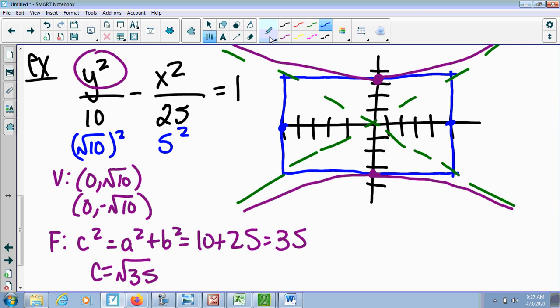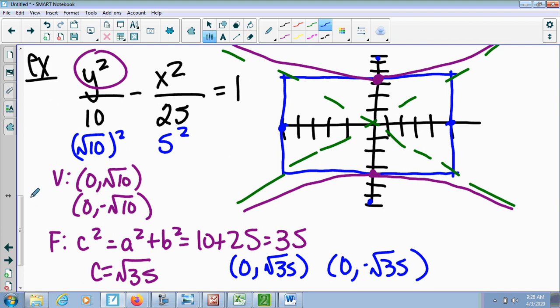So the square root of 35 is between 5 and 6. 1, 2, 3, 4, 5, 6. It's closer to 6 though. It's almost 6. So then the ordered pairs for that would be 0, root 35, and 0, negative root 35.